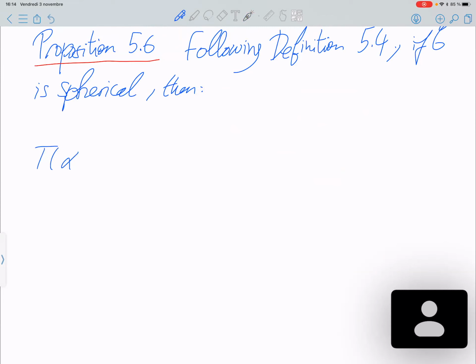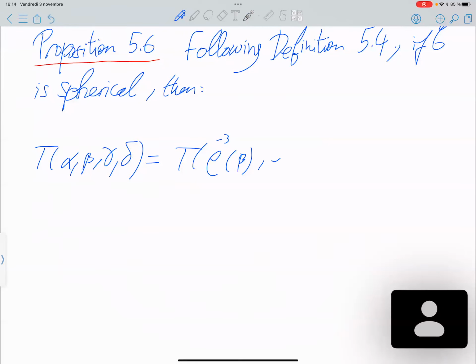T of alpha, beta, gamma, delta equals T of rho inverse applied 3 times to beta, rho inverse applied to sigma square of gamma, rho of alpha, rho of delta.